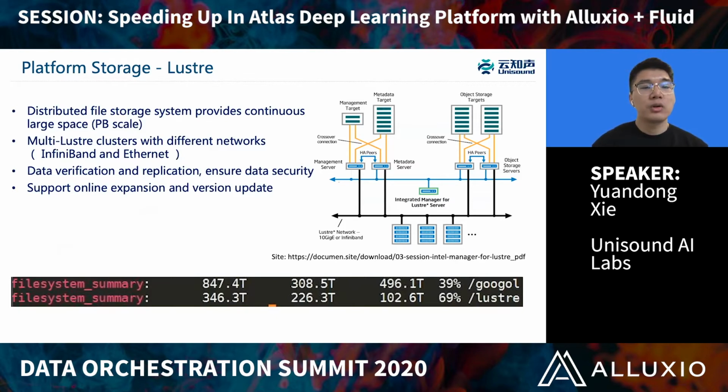Considering the cost and workload, we have multiple Lustre clusters with different networks, such as InfiniBand and Ethernet. We have developed a series of tools to simplify the installation of clusters and support online expansion and version update. As this image shows, this is one of our clusters.